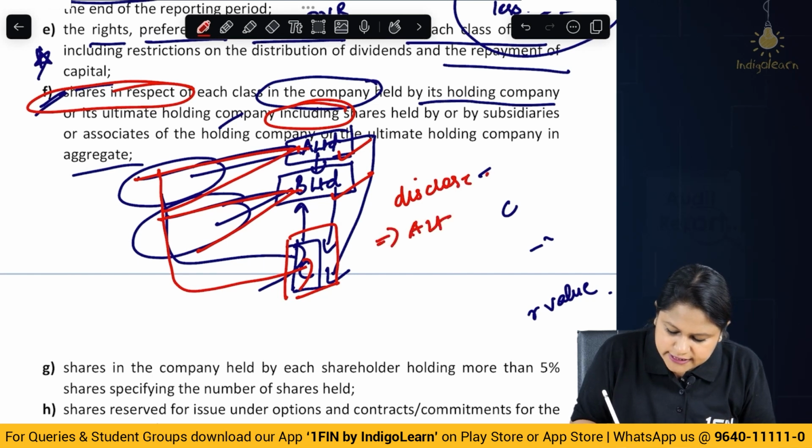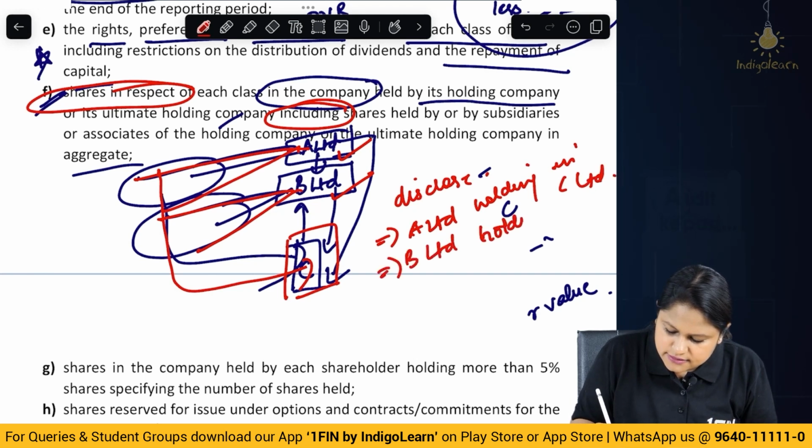Disclose A Limited's holding in C Limited, then B Limited's holding in C Limited.